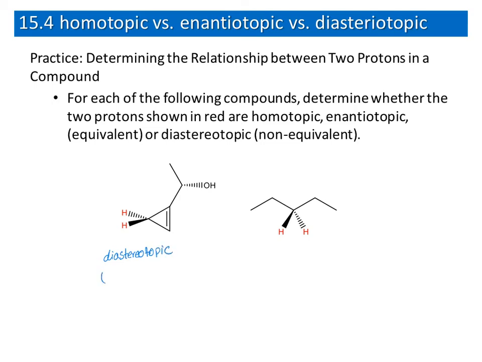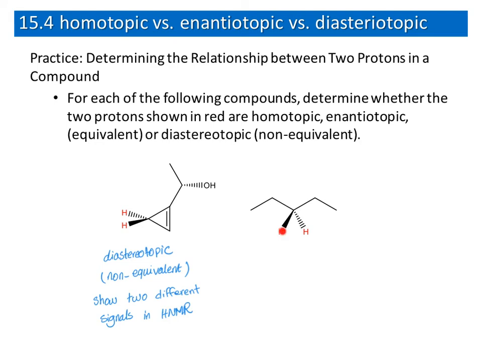Diastereotopic protons are not equivalent, so they show two different signals in hydrogen NMR.